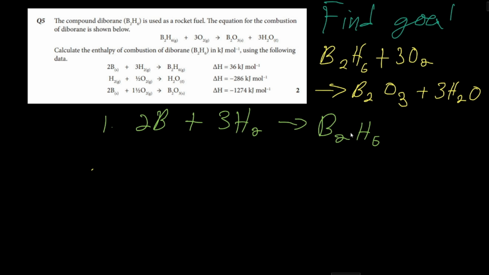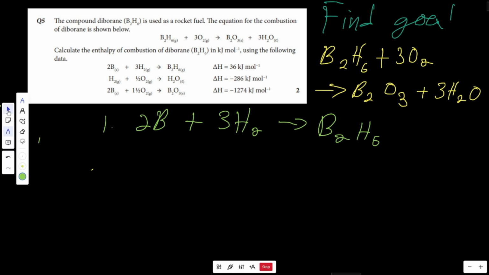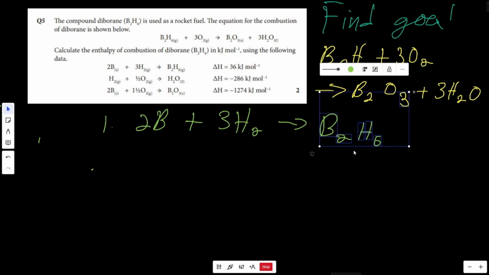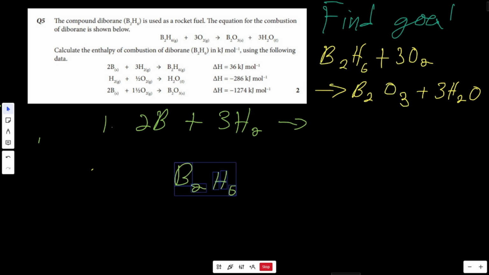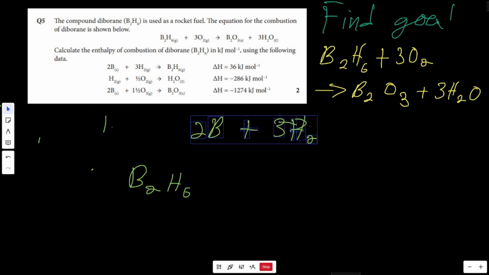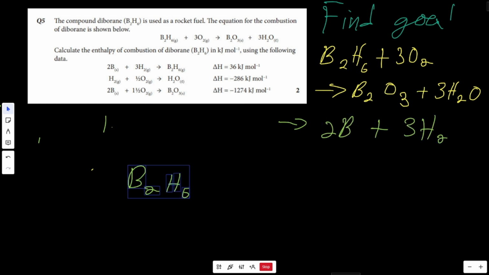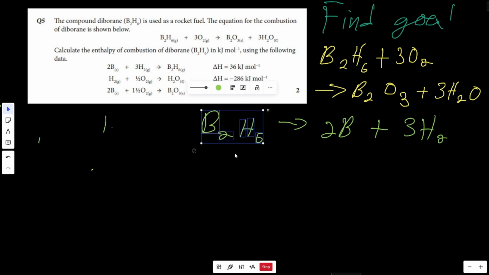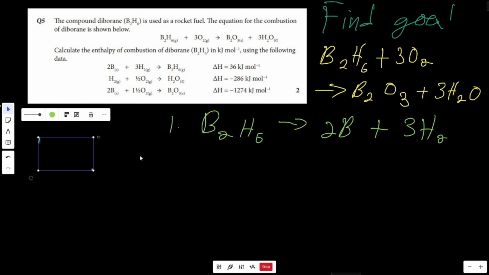So what do we have to do? It's on the wrong side. It has to be on the left. So again, we're going to flip our reaction. When we flip the reaction, we're just going to put everything that was on the product side to the reactant side. I'm gonna put it right there. And now what happens to the enthalpy value? Well, originally it was positive 36.